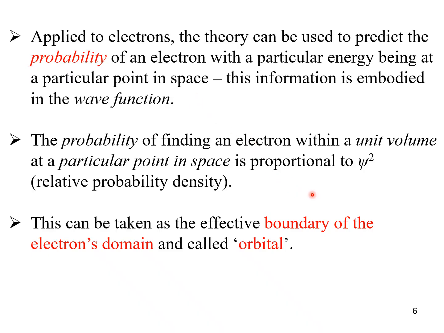The probability of finding an electron within a unit volume at a particular point in space is proportional to the square of the wave function. The effective boundary that defines the electron's domain based on this probability is called an orbital.